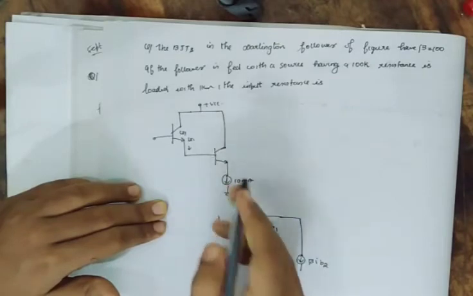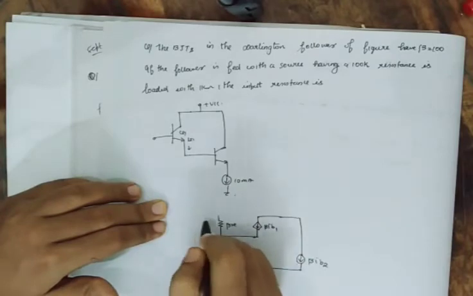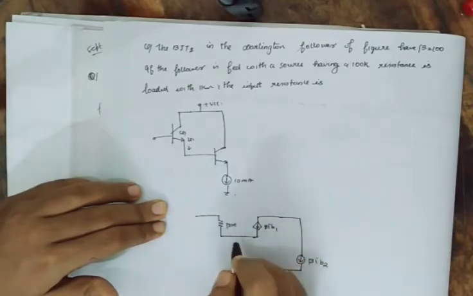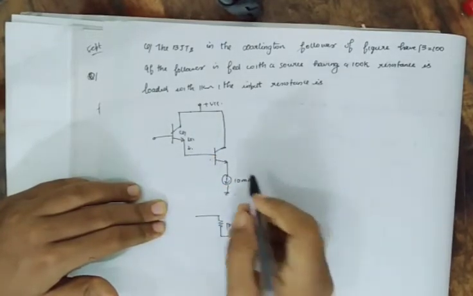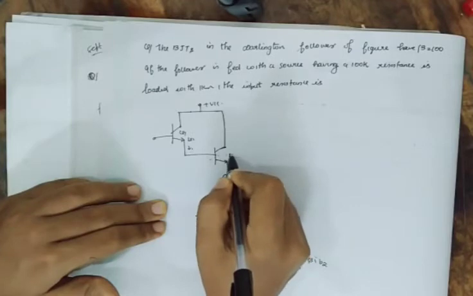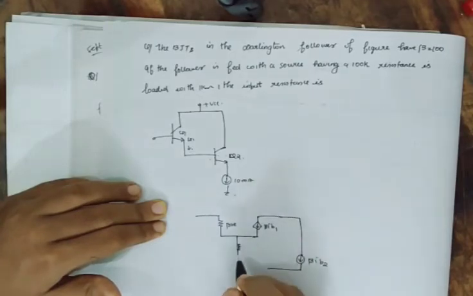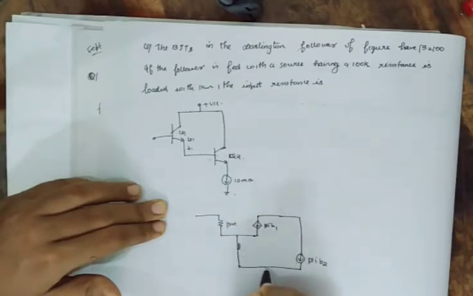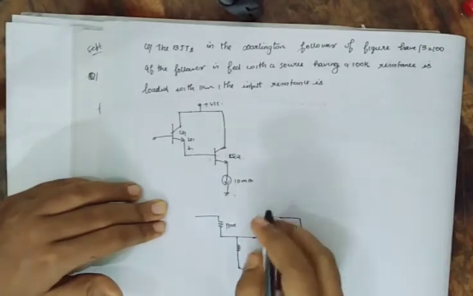Now that collector is going to its emitter, and now the emitter E1 is connected to the base of Q2.